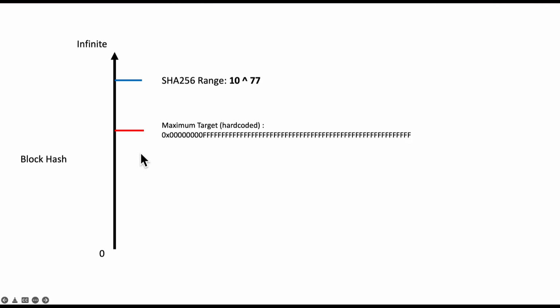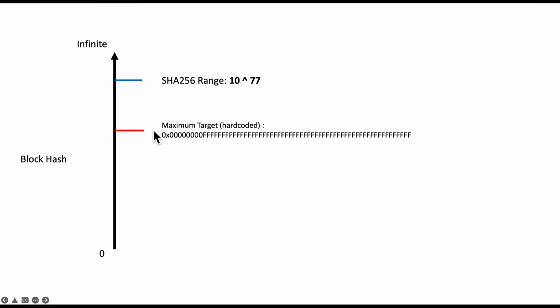So this maximum target for proof of work is set by Satoshi Nakamoto in Bitcoin. It's hard-coded. Of course, in different blockchains it can be different, but the mechanism is the same. So let's observe this figure. We can see the bigger the range of target is, the easier the hash meets the requirement, which is lower than this red line.